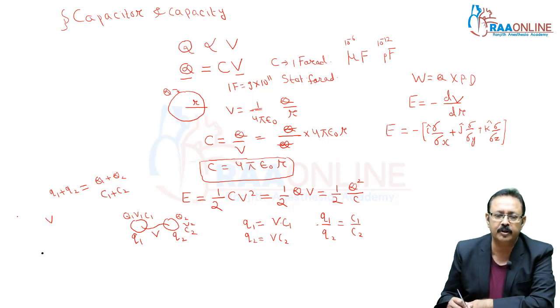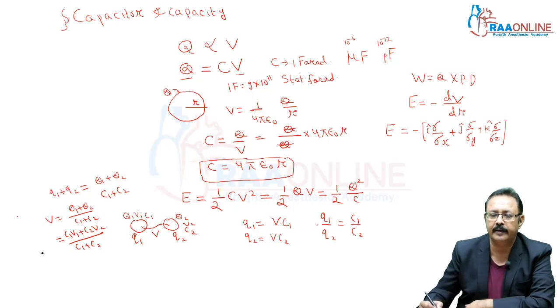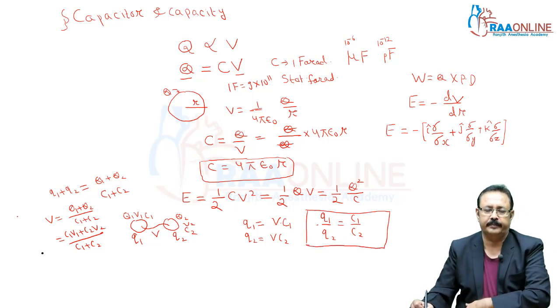So now the potential should be Q1 plus Q2 divided by C1 plus C2, so we can write C1 V1 plus C2 V2 upon C1 plus C2. This is the expression for common potential, and this is an important result: charge will redistribute in the ratio of capacity.